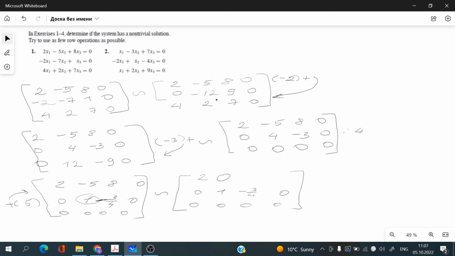So it's going to be minus 15 over 4 plus 8, which is 32 over 4, so it's going to be 17 over 4, and 1, I guess, correct?